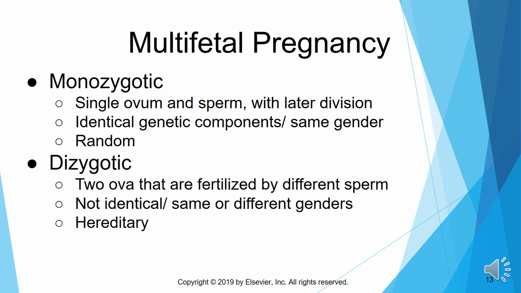Obviously the fertility treatments would not be a hereditary form of dizygotic twins. But what we talk about in our class in terms of dizygotic is that the mom has released two eggs that are to be fertilized by two different sperm.